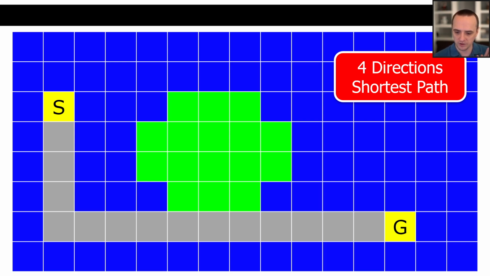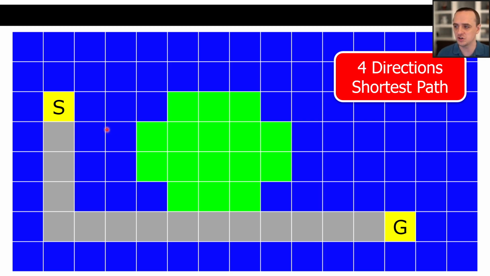So just because we restrict our pathfinding algorithm to up, down, left, and right, that doesn't mean that the movement that eventually gets implemented in our game engine is going to be up, down, left, and right. And I'll show you how that is.